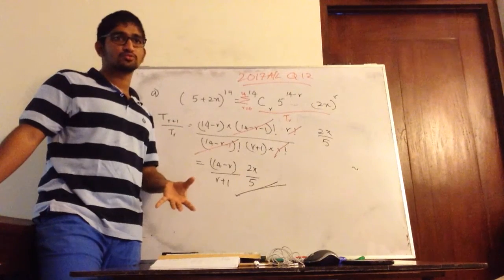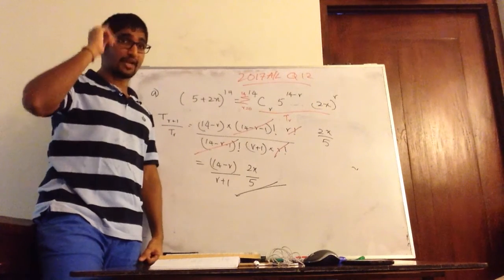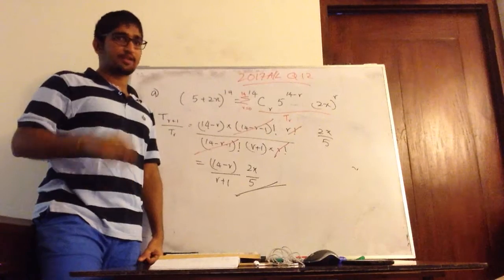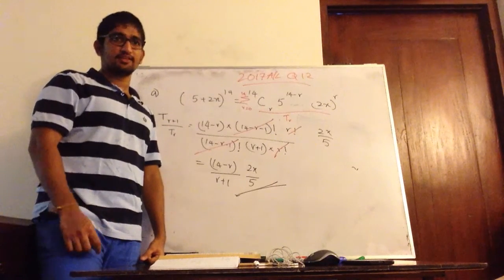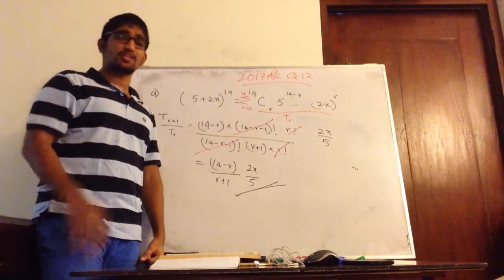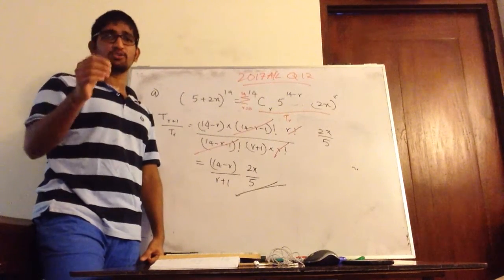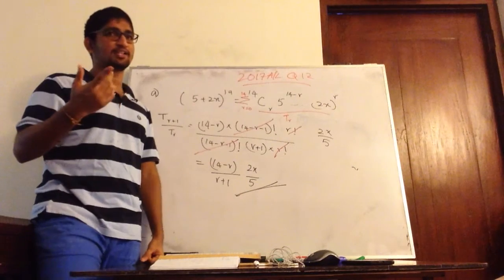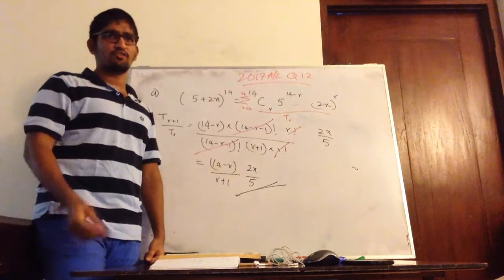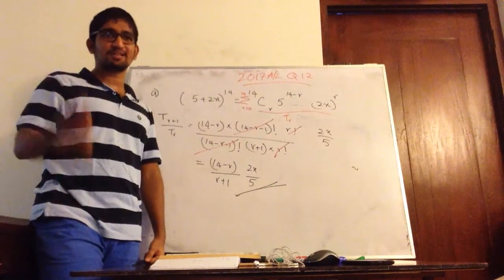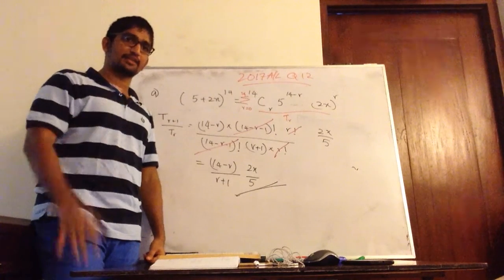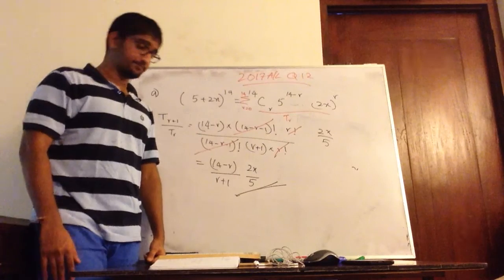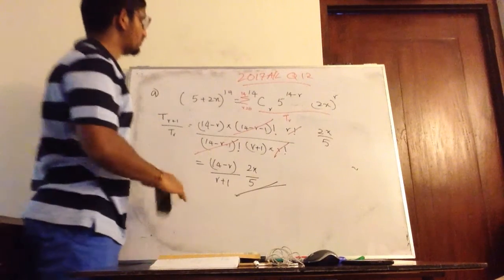So that should be on your mind, that we do not put decimal points for r in this binomial expansion. That is one of the things that you all need to keep in mind, or else you will get a wrong answer. You will get a decimal answer for it, and that is not what we are expecting. Correct? So let's see now.